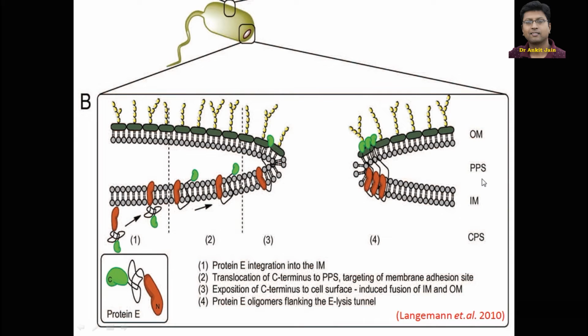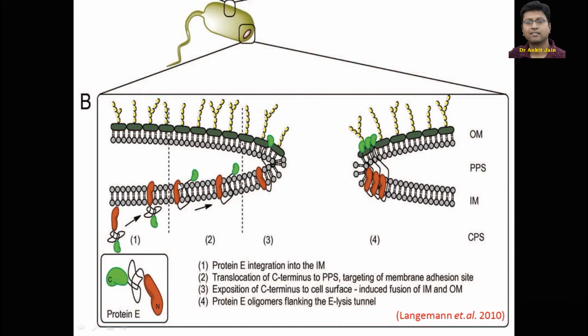So what is the mechanism of gene E? Gene E expresses the gene E protein, and it has two ends, an N terminal and a C terminal. The N terminal binds to the cell membrane, and the C terminal is inside the cell.